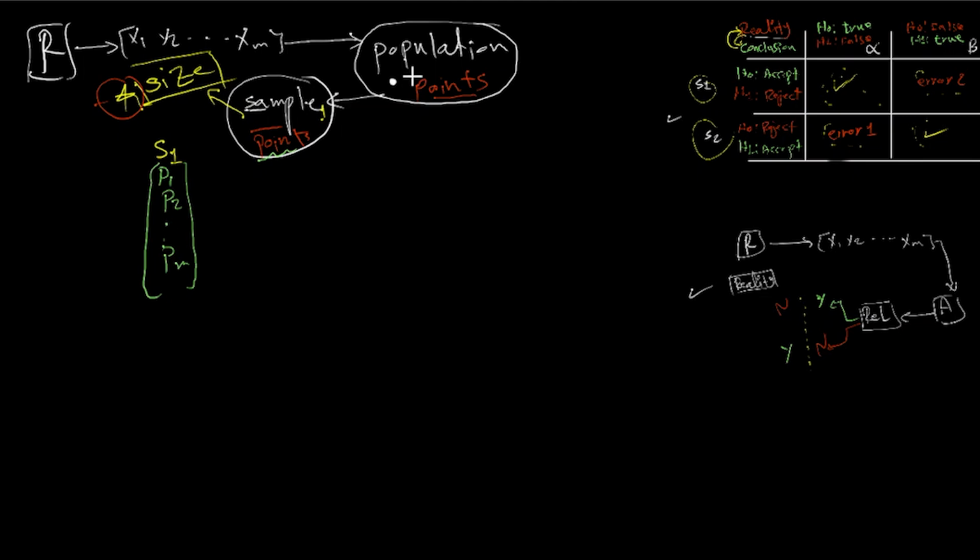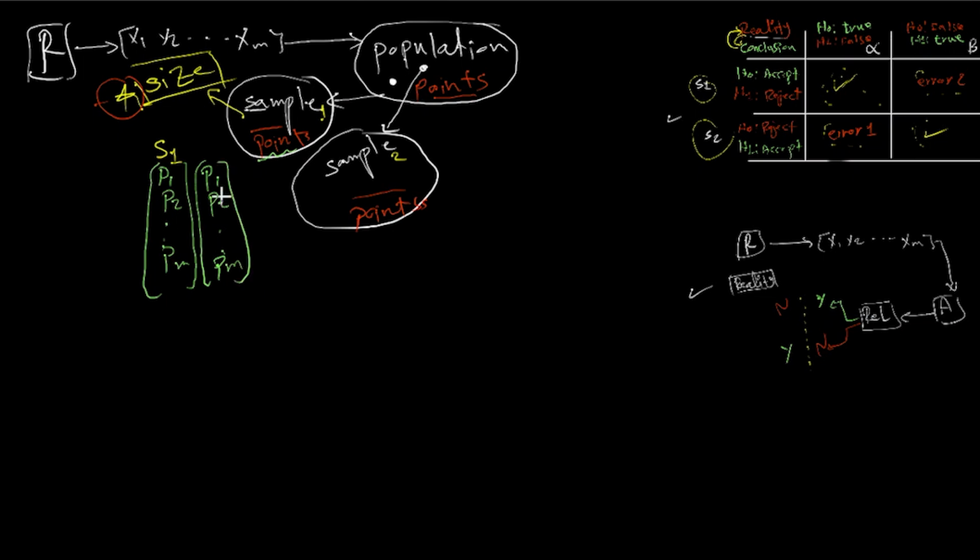Let's say for the second chance, you have got another opportunity to draw a new sample out of that population. So this is my sample 2. And once again, as we always do, we want to calculate those points, and they are hatted points. Now I would have again a second vector of points, all the way to P M. Again, this is the second vector of those points, but those points have been calculated from the second sample, and so on.